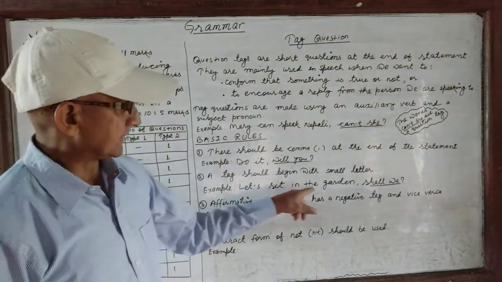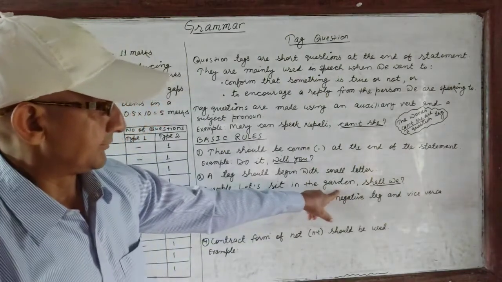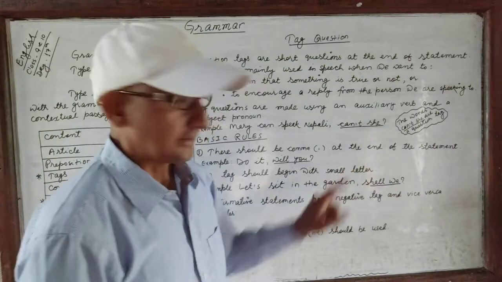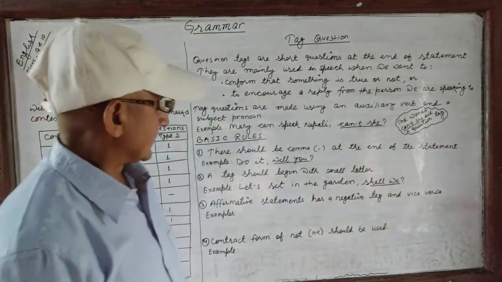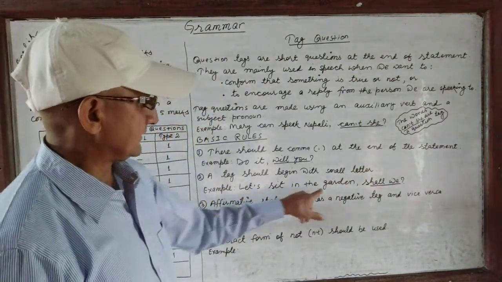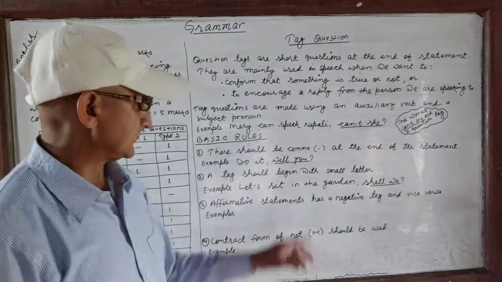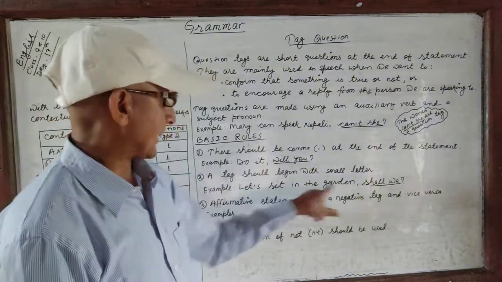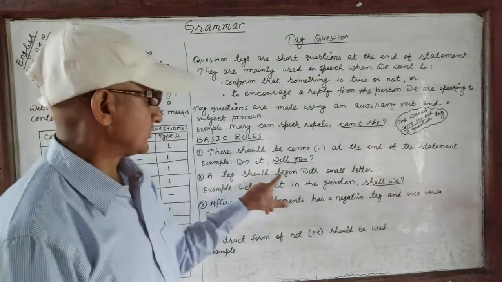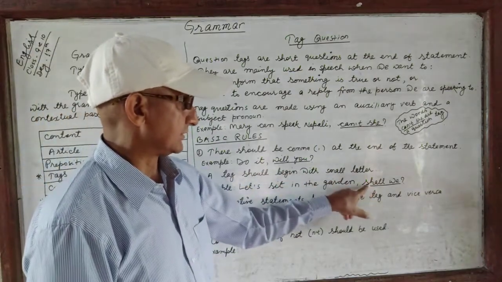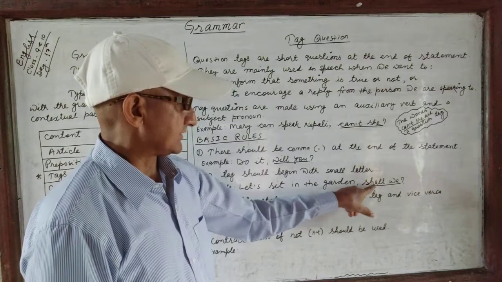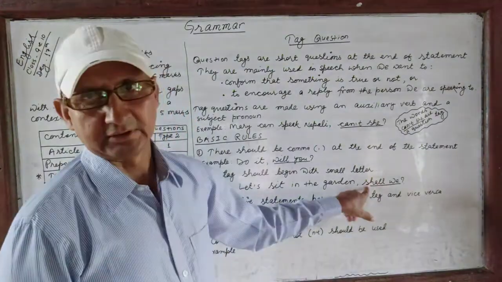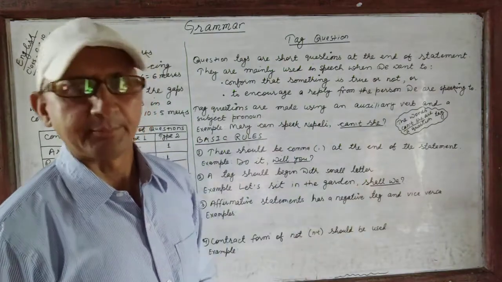Let's sit in the garden, shall we? Shall we is the tag, and let's sit in the garden is the statement. After a statement there is a comma and the tag should begin with a small letter. This shall, as we have written here, is in small letter. We don't use a capital letter.